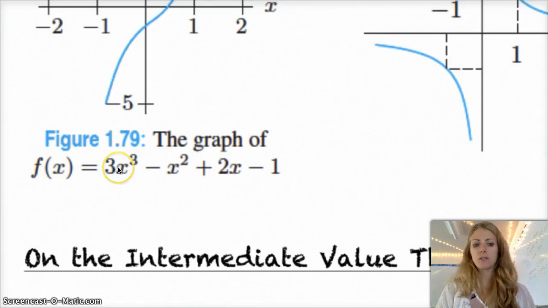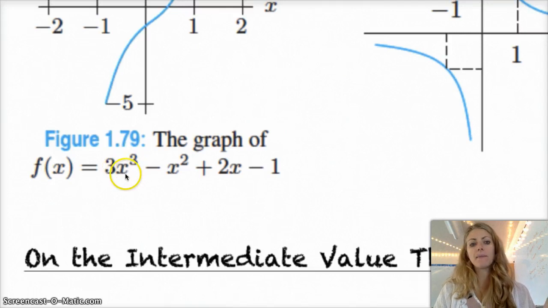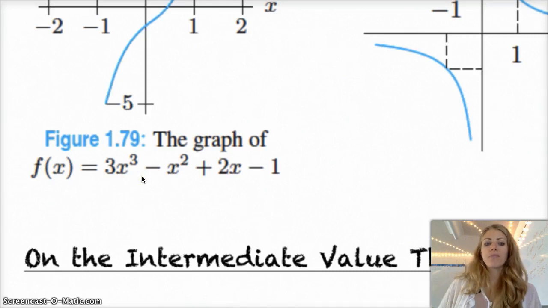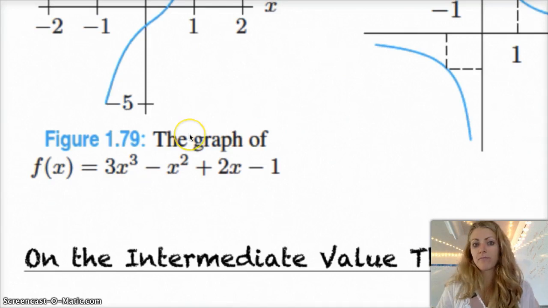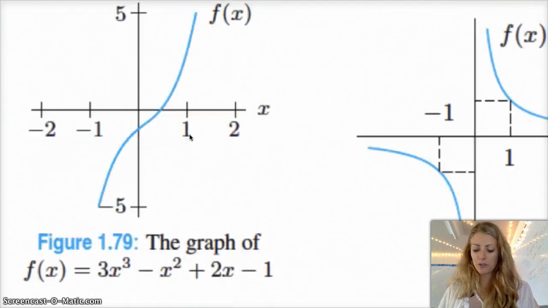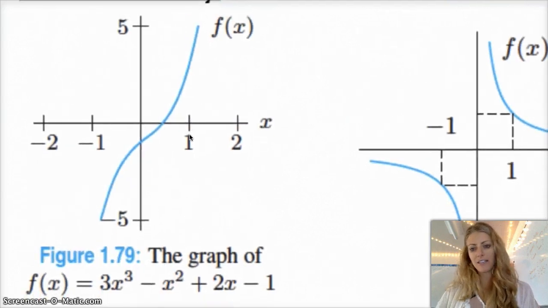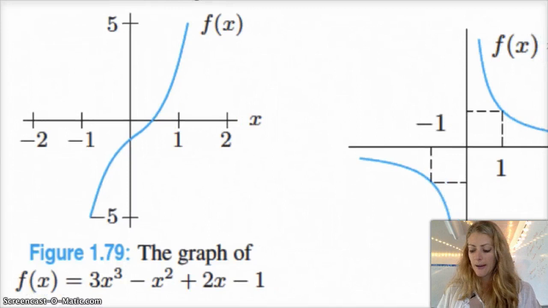This one is just a polynomial, so you can plug in any value for x. Your domain and range are both negative infinity to infinity, all real numbers, so you can generalize and say that the whole function is continuous.